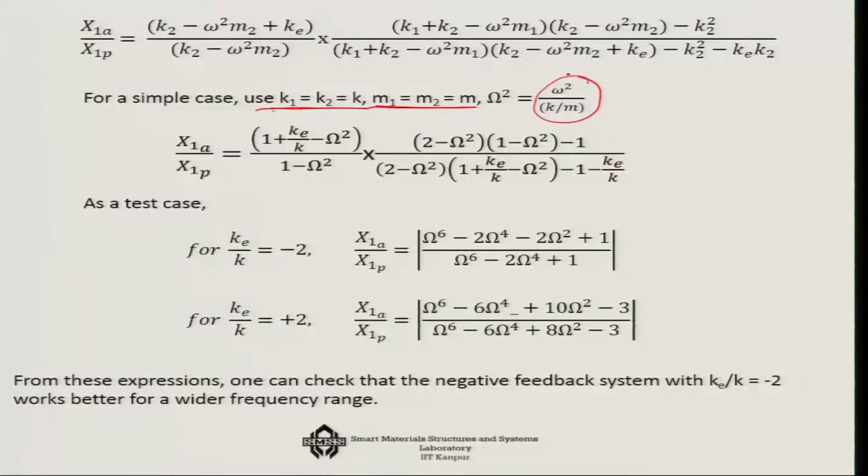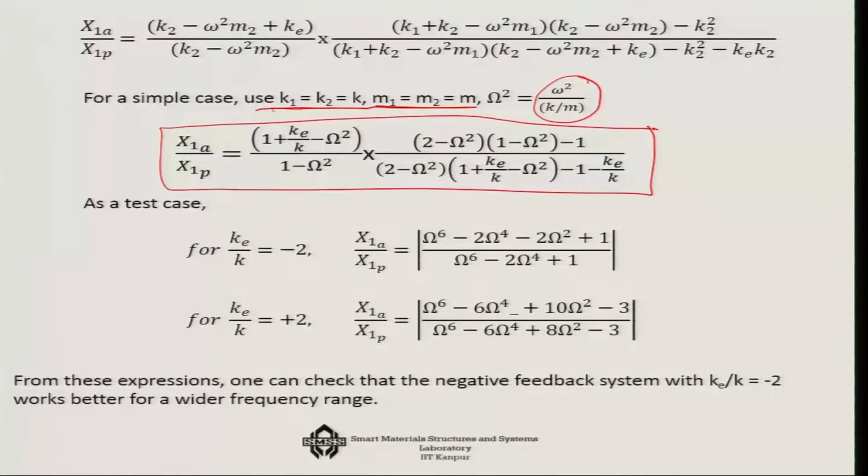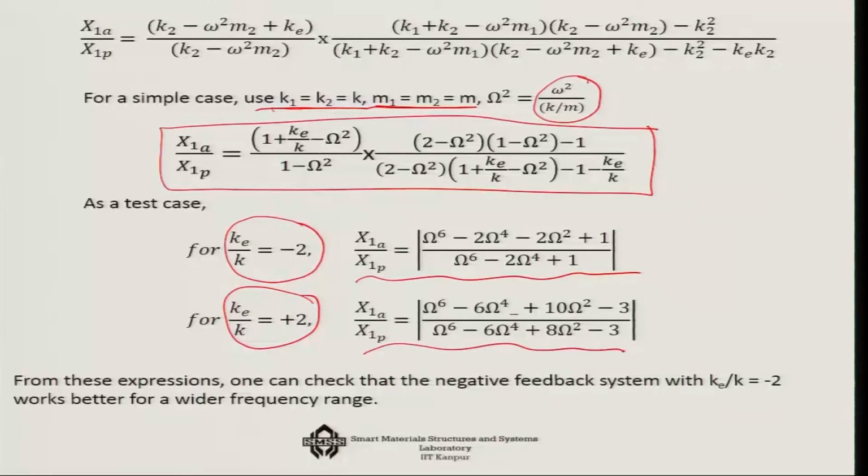Then I can non-dimensionalize and I get the following expression for x1a over x1p. Now, with this expression in hand, I can try various Ke over k. For example, I can try Ke over k as minus 2, then I get this expression. I can try Ke over k as plus 2, then I get this expression.